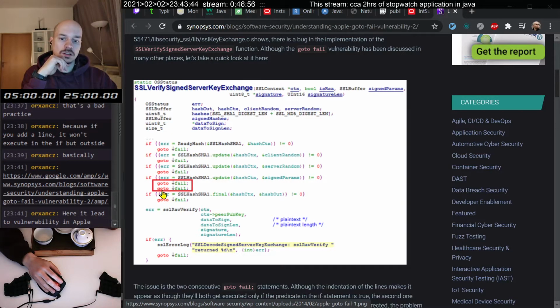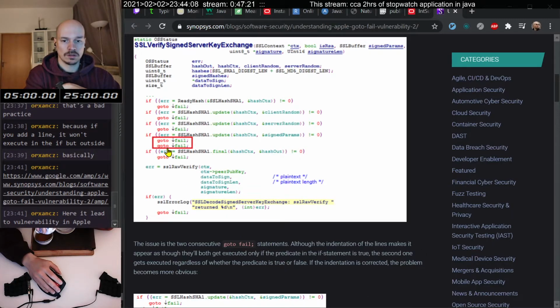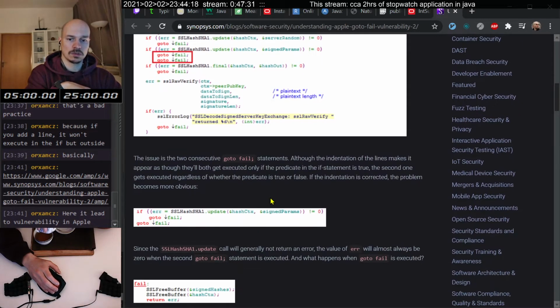Ah, okay. So it executes only one, and the second one it doesn't. But why would you have two of them in the first place? How did that happen? Well, it did happen. Okay. Somehow. So it just goes to fail each time.